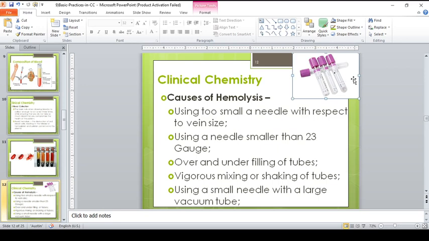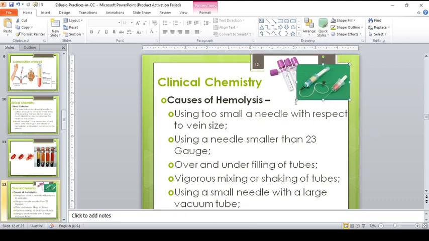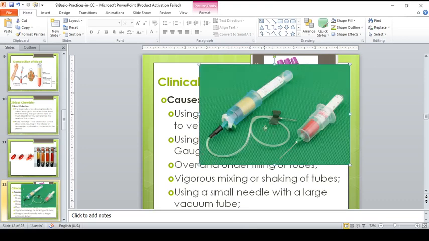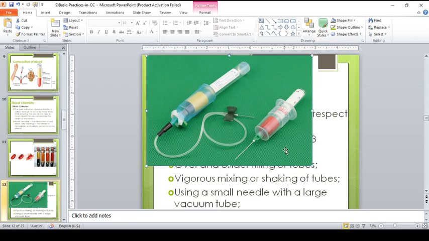I'll just get another image for this one. This is the Vacutainer tube system or the evacuated tube system, which medtechs also use for extracting blood. If you use a very small needle with a large vacuum tube, for example a very high gauge needle.